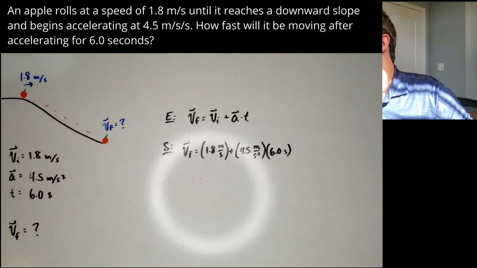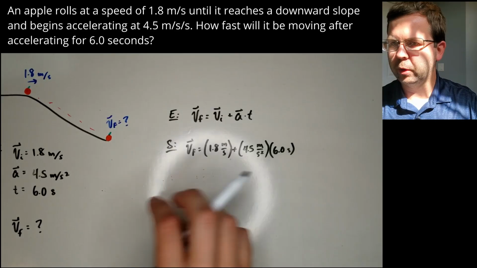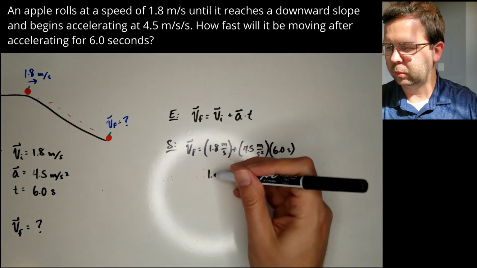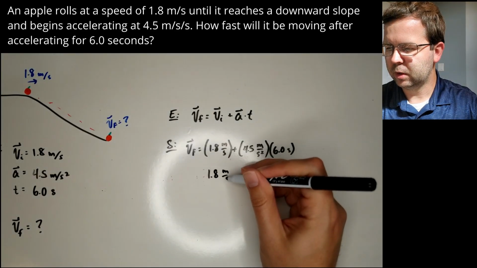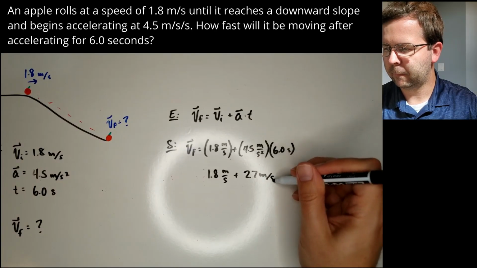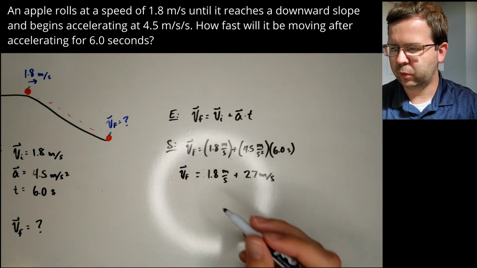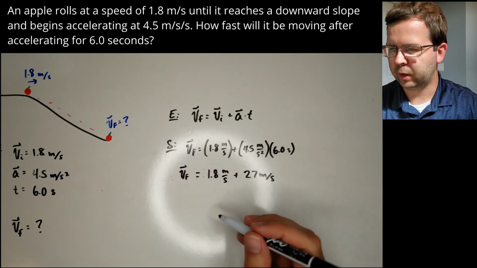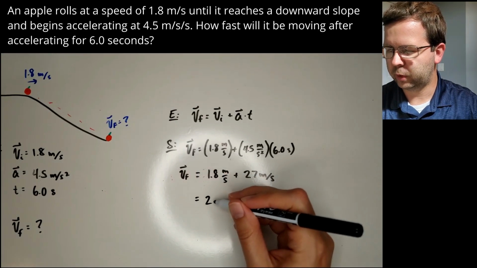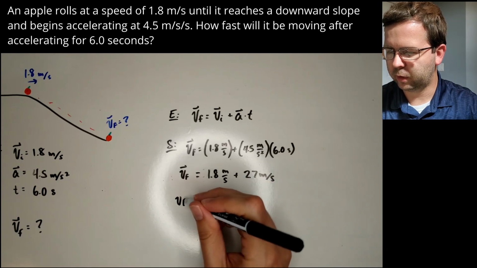Okay, so multiplying this out, we have 27 meters per second of additional speed gained here, but we're going to add that to our original 1.8 meters per second. That'll give us 28.8 meters per second for our final velocity.